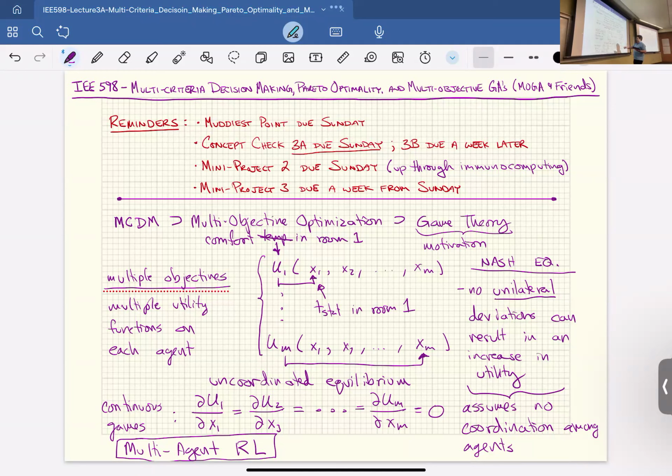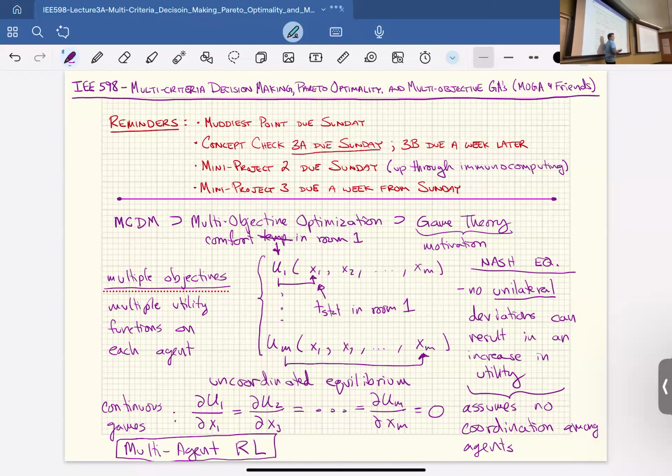Yes, it's a local maximum with respect to the settings from all the others. It's almost like U1 has a single degree of freedom, and these are like parameters which are just set by others. So when someone else makes a movement, it changes my utility function. If the next room over cranks their temperature up, it might completely change the shape of my utility function.